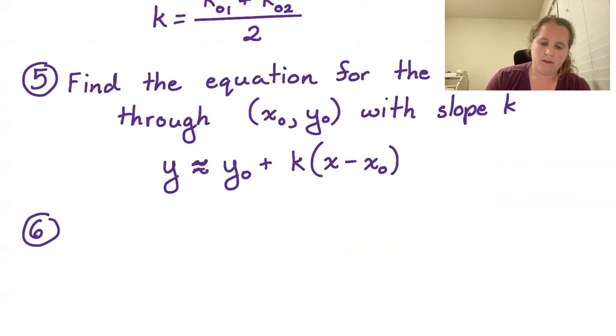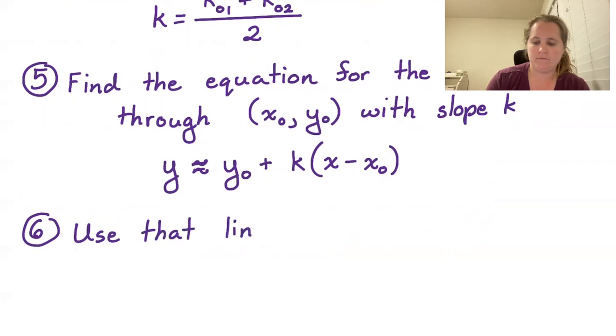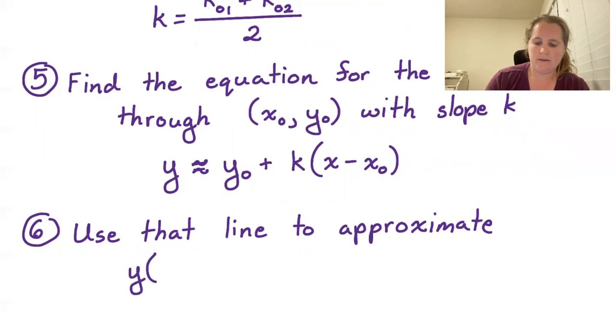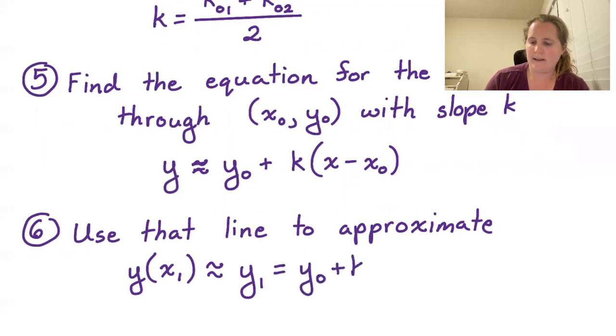Then use that line to approximate, we'll just call that y1, which is going to be y0 plus K times whatever your step is.